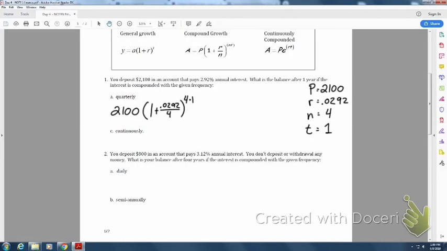And then if you want to simplify this and just raise it to the power of 4 instead of 4 times 1, that's fine. And on here you should have gotten 2,161.99.